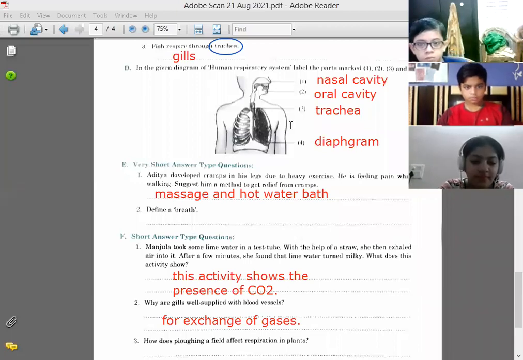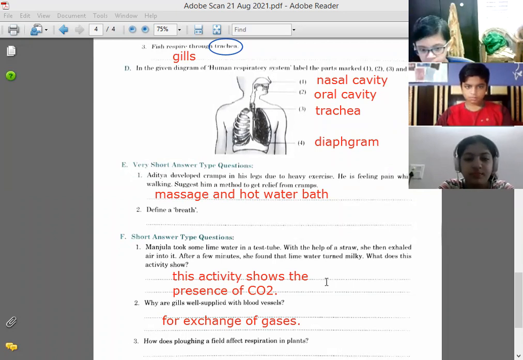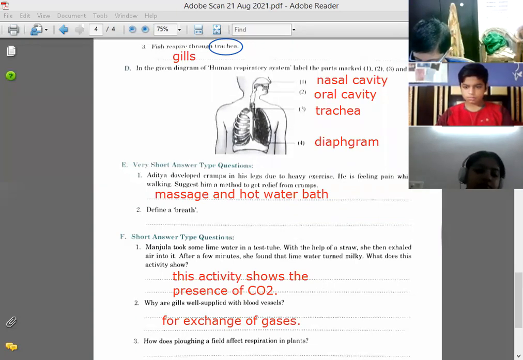You may write down in your own language.